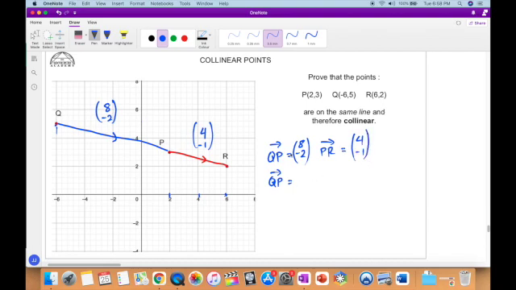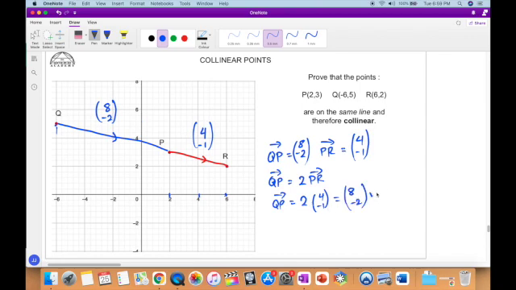Shazay and Scotia, you all understand how I came up with these vectors? Yeah. All right. So you can see here that QP is 8, -2, and PR is 4, -1. So if I take 2 and multiply it by PR, therefore QP is 2 multiplied by 4, -1, and 4 2s are 8, -2.